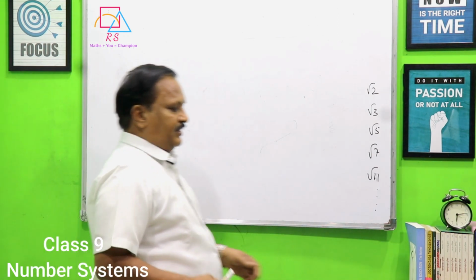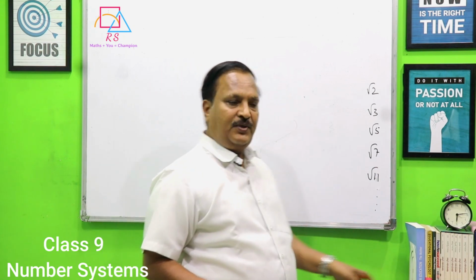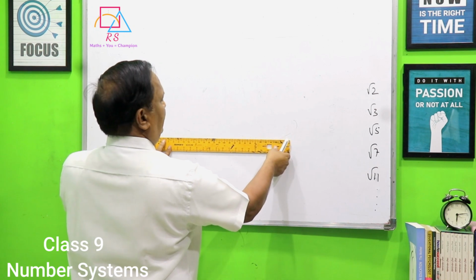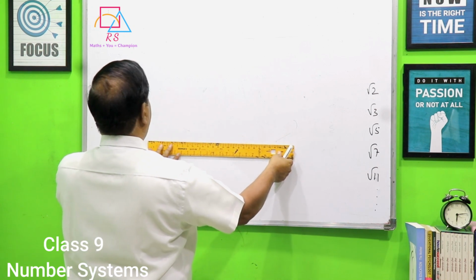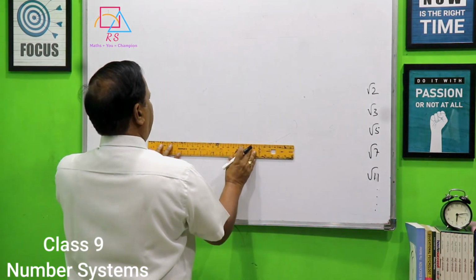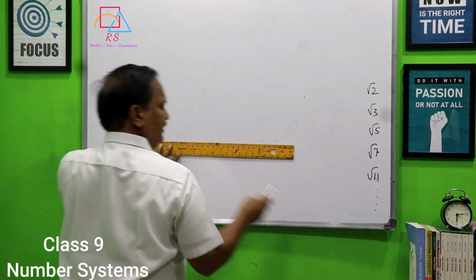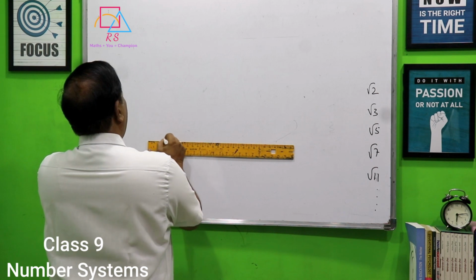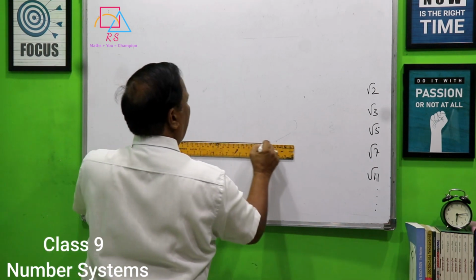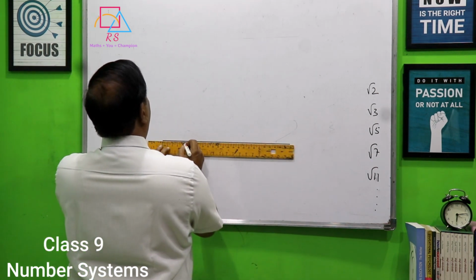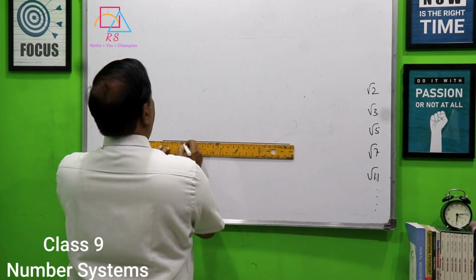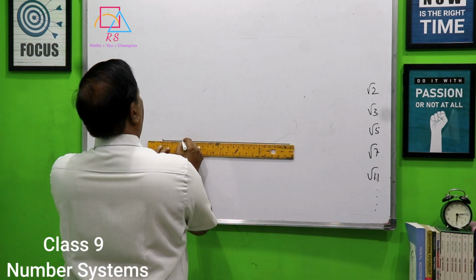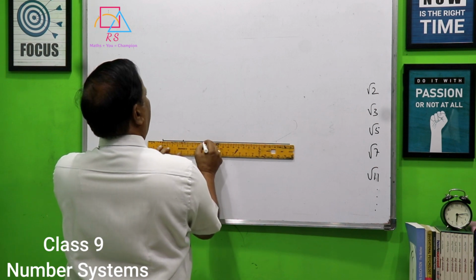Now for that we need to have a number line, right? So we have to represent on the number line this one. Okay. So I am drawing a number line here. So I'm going to mark some equal points, 0, 1 mark, and let us say 8.